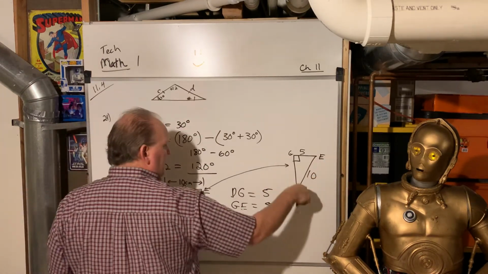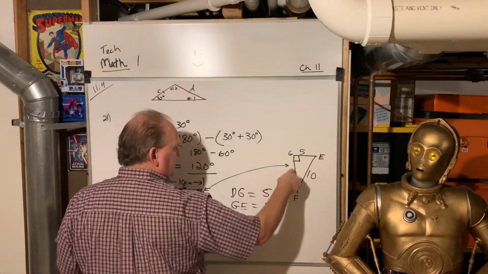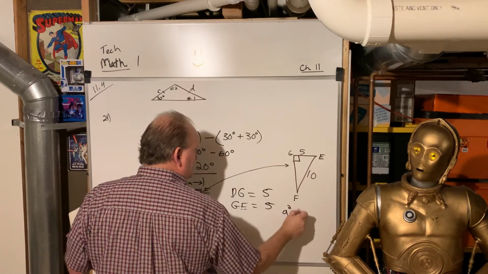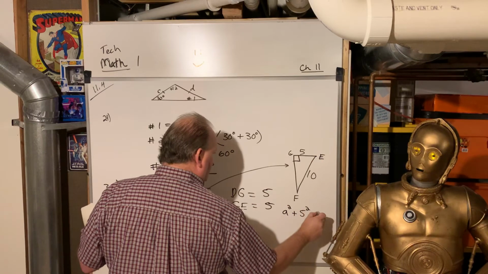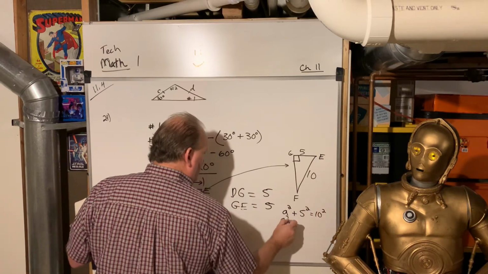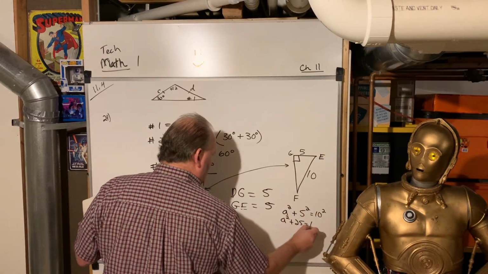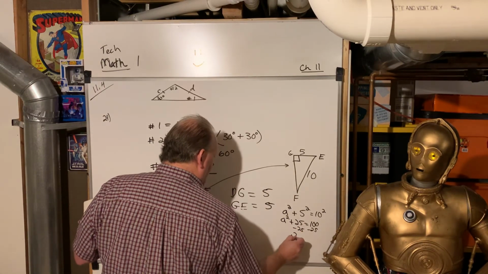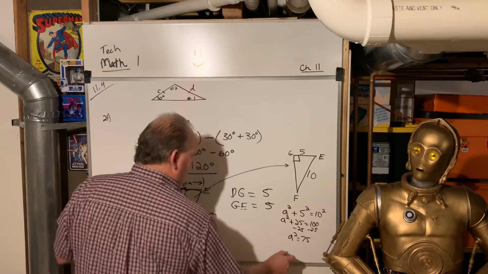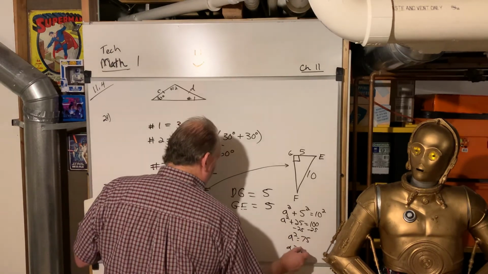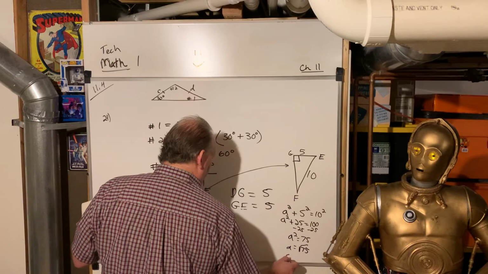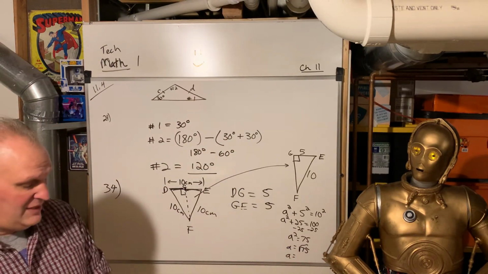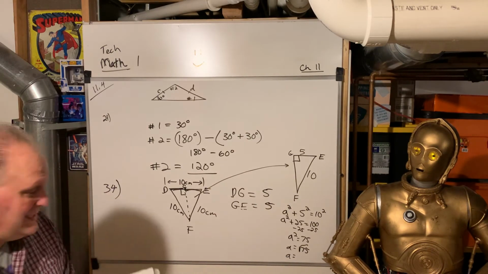And so Pythagorean's theorem, a squared plus b squared equals c squared. So a squared plus 5 squared equals 10 squared. A squared plus 25 equals 100. Subtract the 25. A squared equals 75. And so A is equal to plus or minus the square root of 75, but only the positive because it's a length. So the square root of 75 is 8.7.